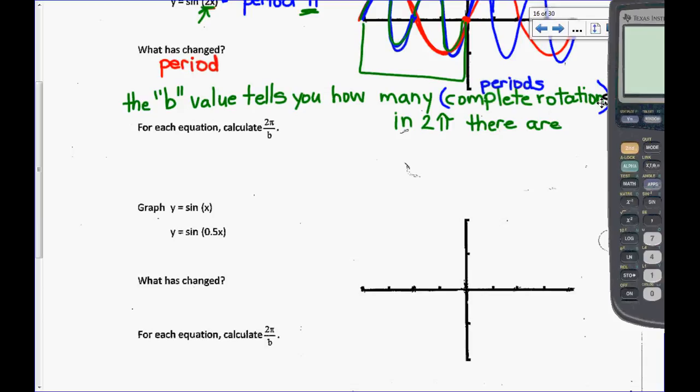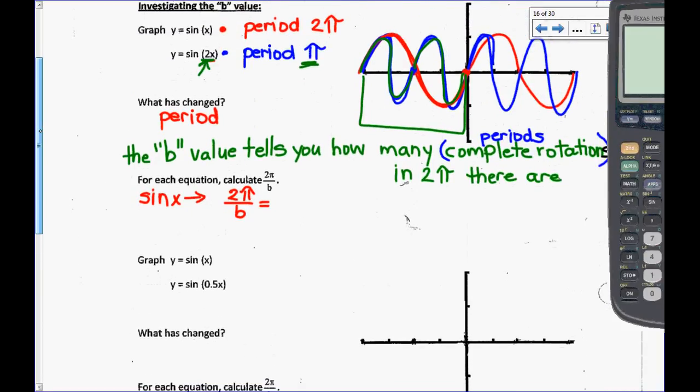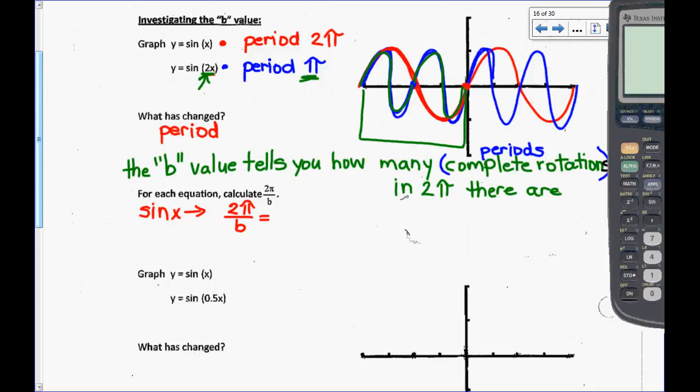Okay, so for each equation, we're going to calculate 2 pi over b, and you'll see why in a minute. For our first function, it was sine x. b tells you how many complete periods there were in 2 pi. So looking at the red one, how many complete rotations were there in that distance of 2 pi, this whole distance here?